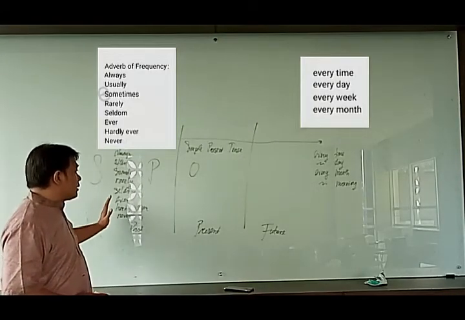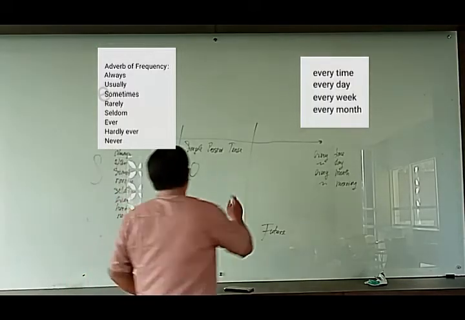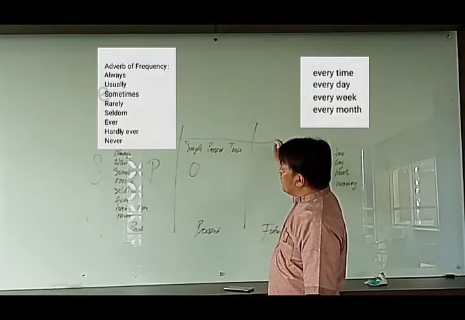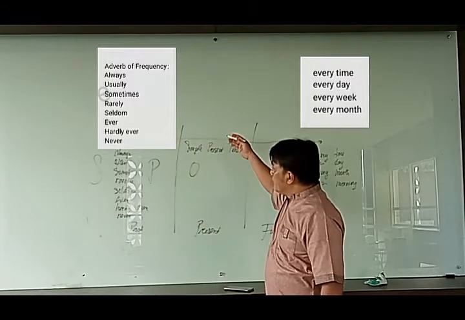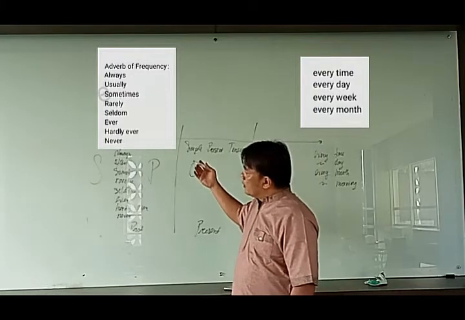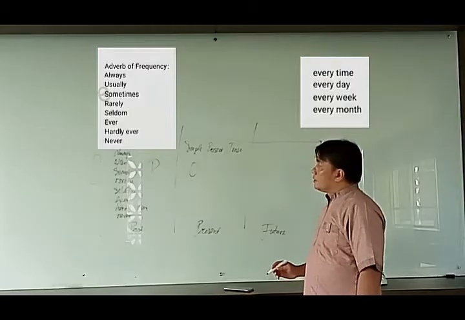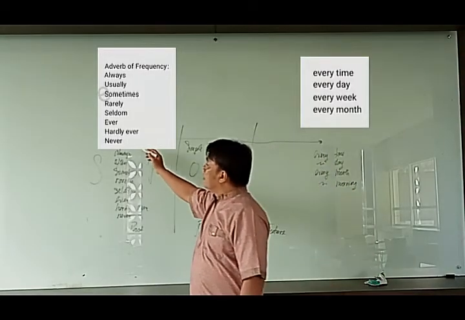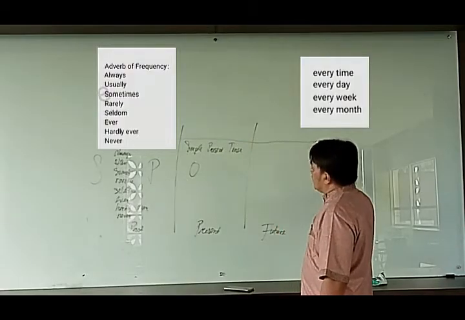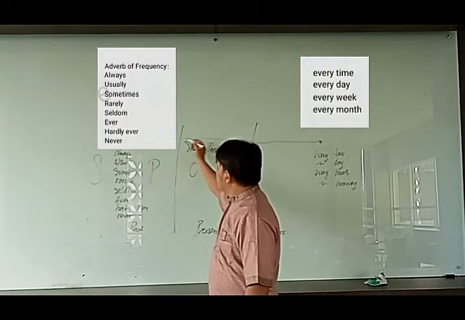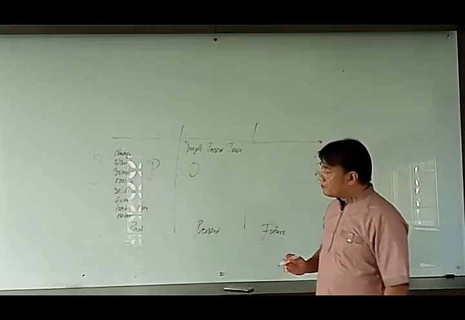These ones show us that the time in the simple present happen not only to this, but also the time before and the time after. So the line here goes from the time at the past, present, and to the future.